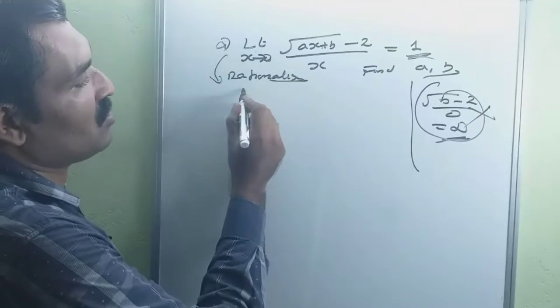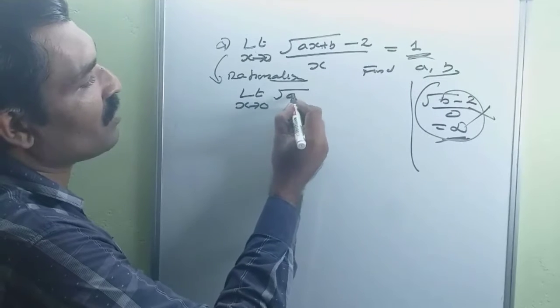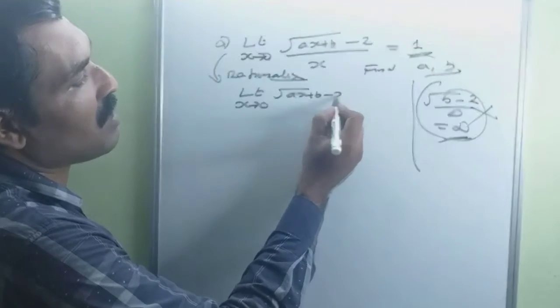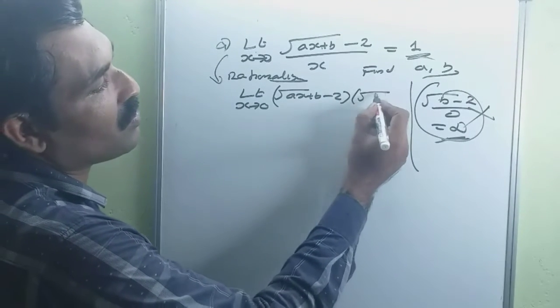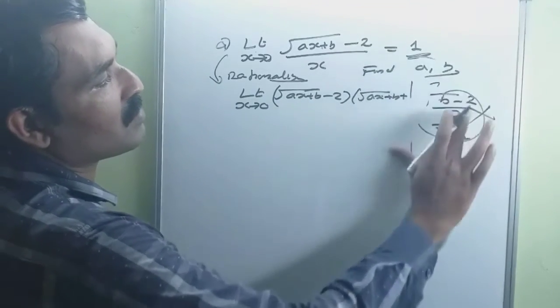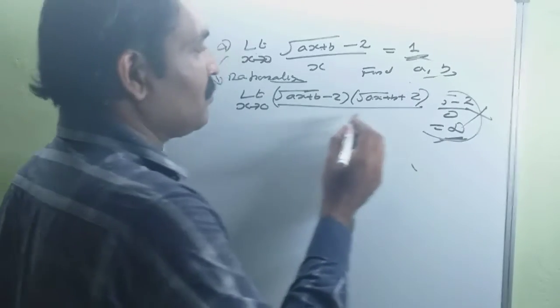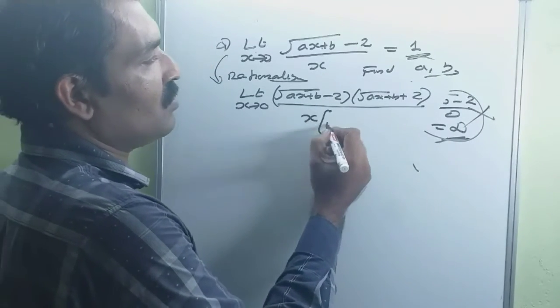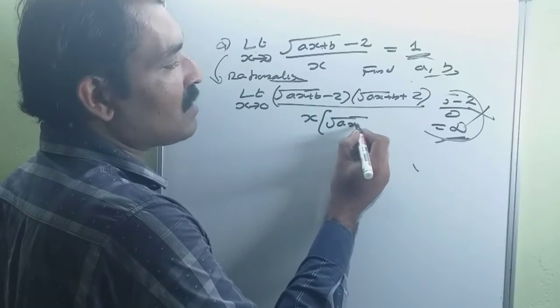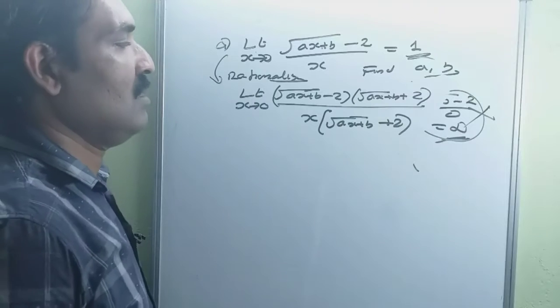the given expression. So that becomes limit x tends to 0, root of ax plus b minus 2 into root of ax plus b plus 2 whole divided by x into root of ax plus b plus 2. So this equation gets balanced.